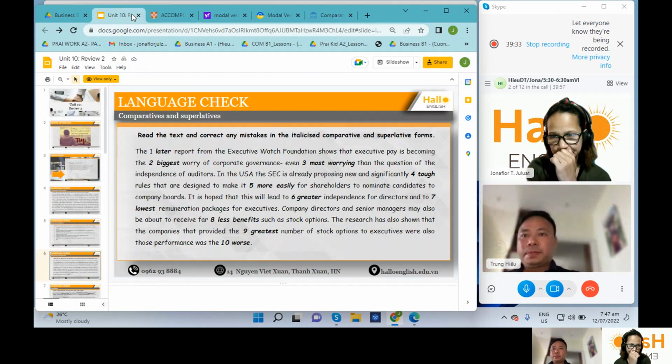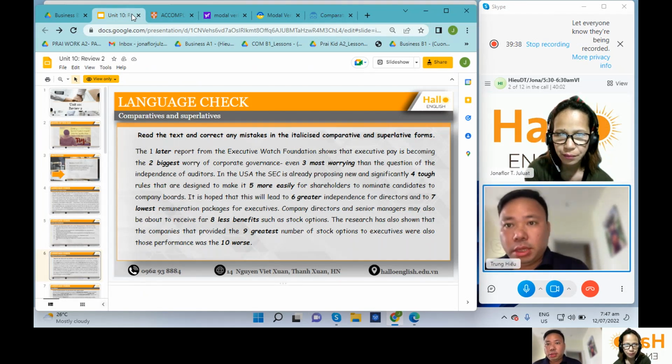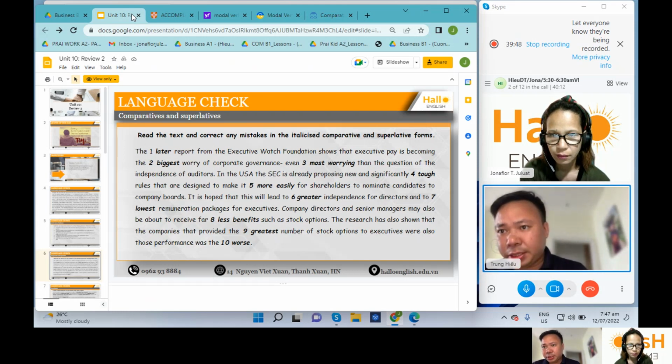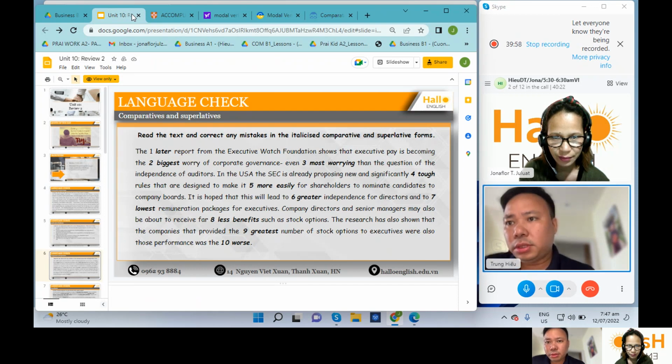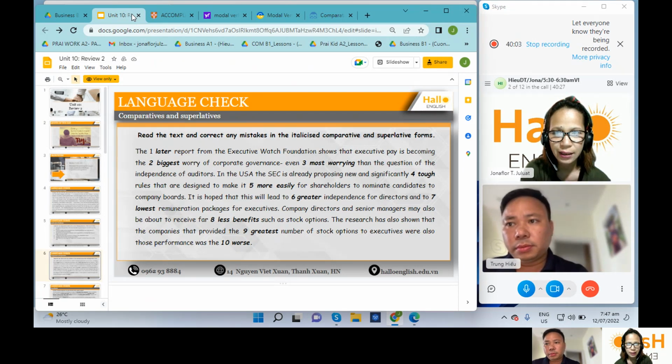So let's continue. Number four. In the USA, the SEC is only proposing new and significantly tough... How do you use tough?